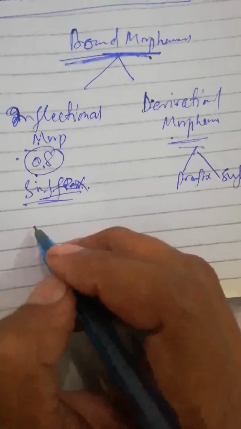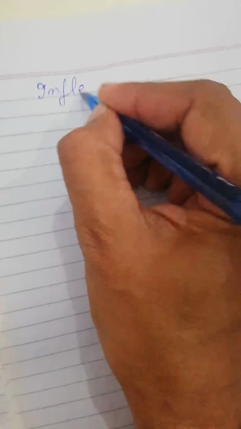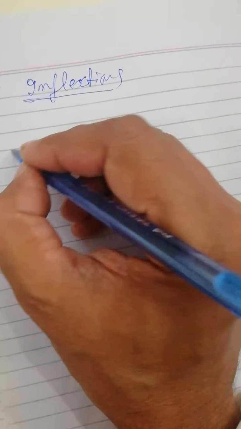Before I end this video, let me give you the list of inflectional morphemes which are bound. Let me turn over the page, and here we move into inflectional morphemes. They are also called inflections. They are 8. Two are attached to adjectives.